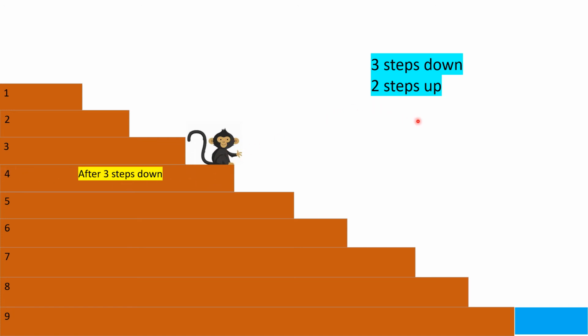He goes 2 steps up. After jumping 3 steps down, he goes 2 steps up. Let's see. 1, 2. So he jumped twice and reached the 2nd step. So first we saw that he was here, then he went to the 4th step, and then he goes to the 2nd step, right?